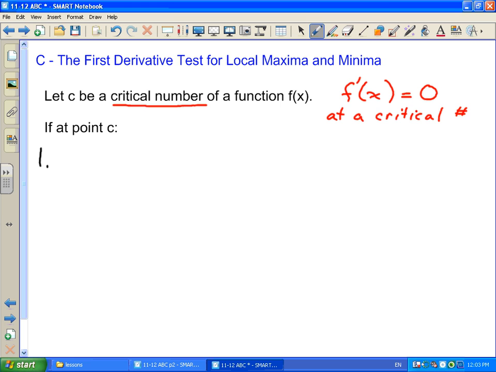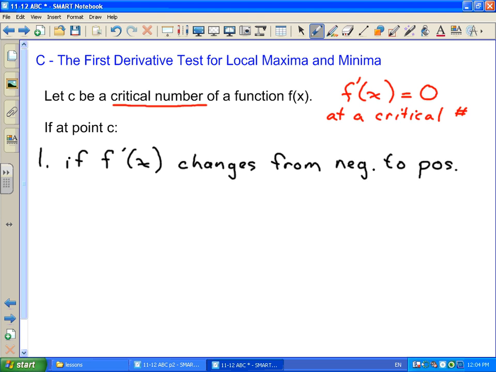So our first possibility is at this point c, if the derivative, f prime at x, changes from negative to positive, then f at c, which is just the point, is a local minimum.